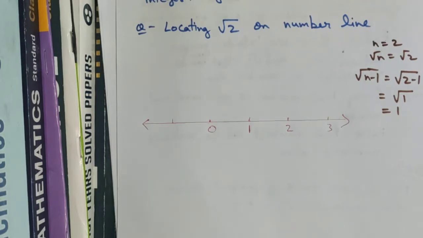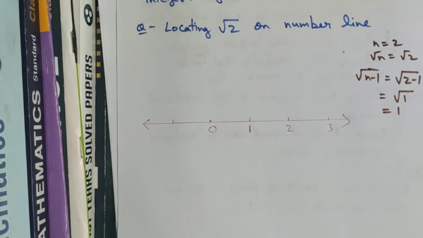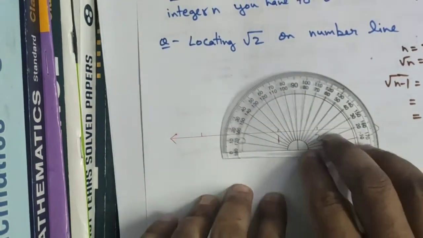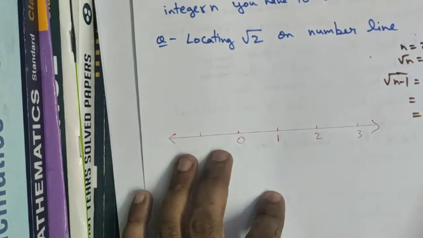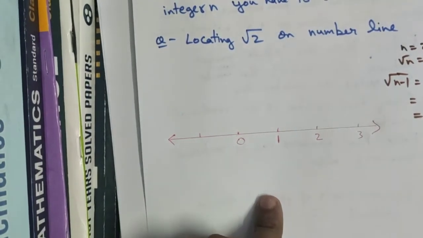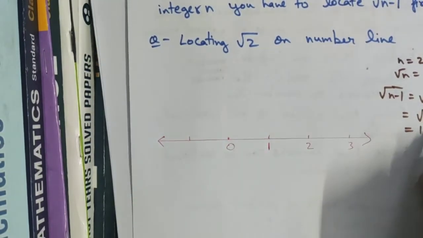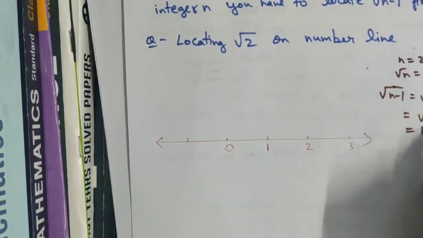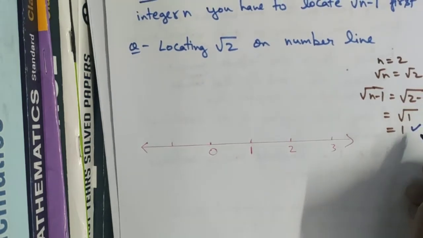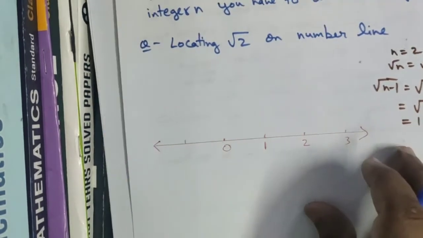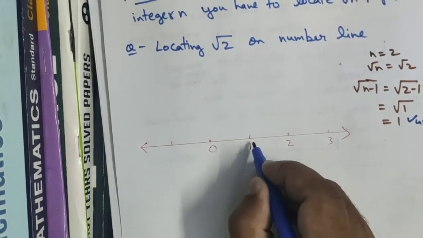Similarly, we have to take root n minus 1 equal to 1 unit. Since root n minus 1 is equal to 1 unit, we will take 1 unit.